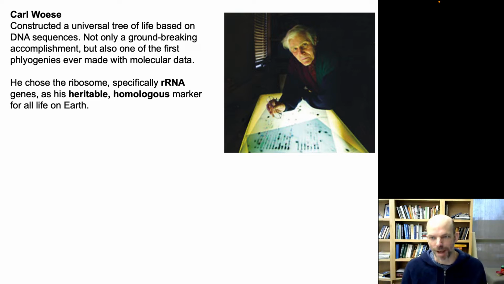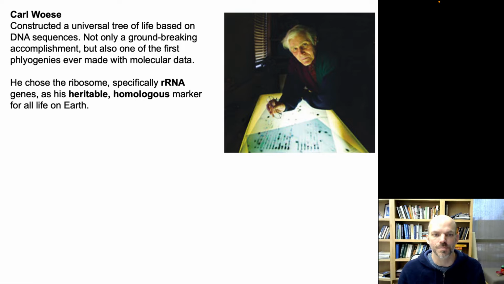And he wanted to use math to make a tree of life. To do that, he knew that he needed to use molecular sequences, that is DNA and RNA and protein sequences. And the technology for doing that was just becoming available in the 70s when he started doing this.